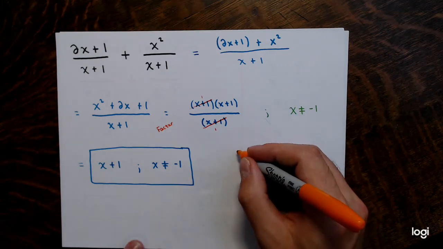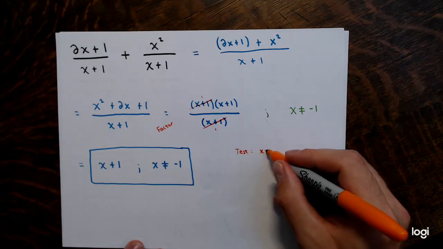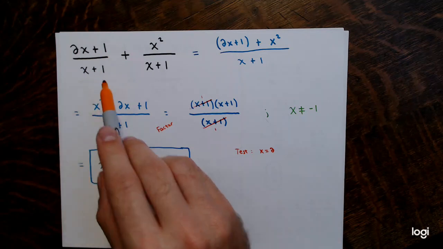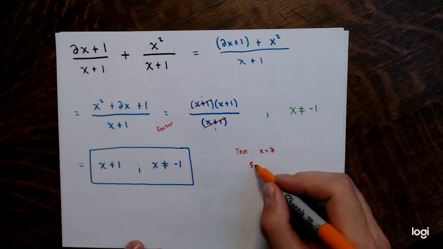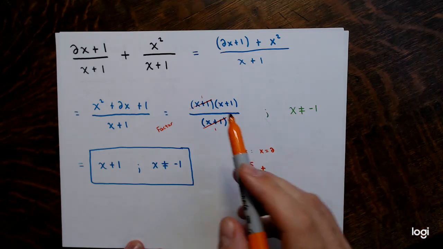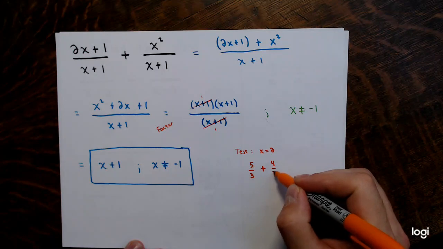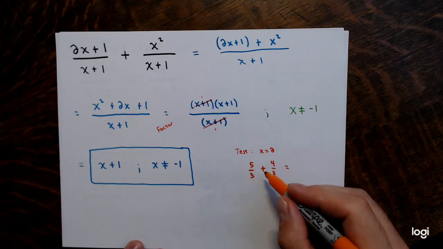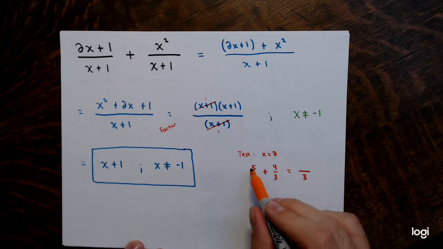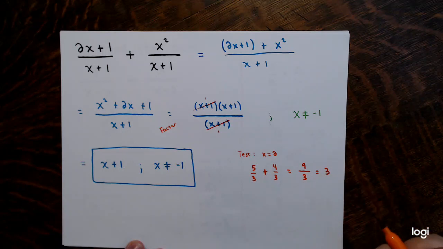So say I plug in x equals 2. If I do that here, this will be 5/3, 2 times 2 plus 1 divided by 2 plus 1, plus, and then here, this would be 4/3, and you see I'm getting the same denominator, so the result will be over 3, and the numerator will be 5 plus 4, that's 9, and 9 divided by 3 is 3.